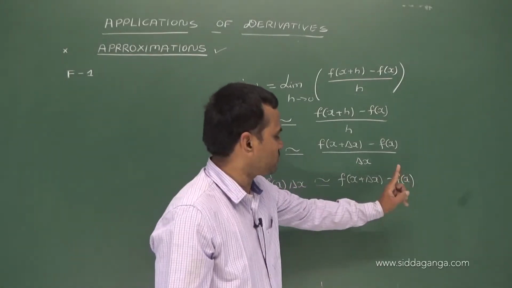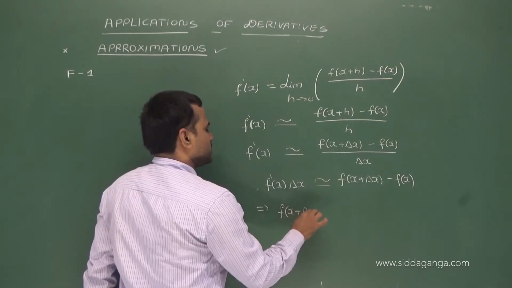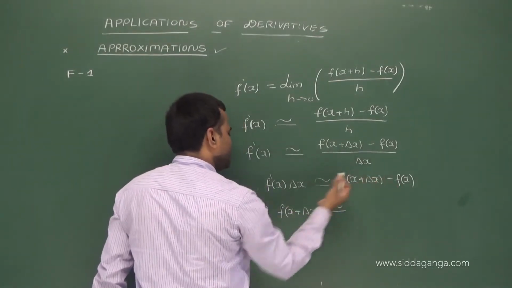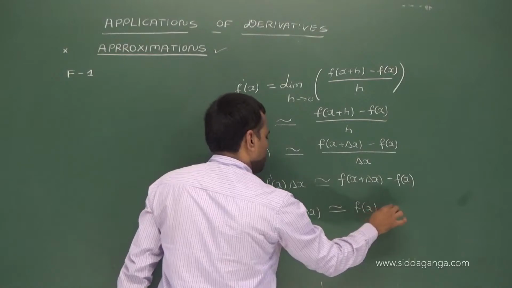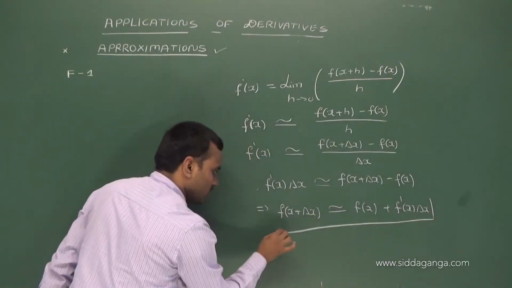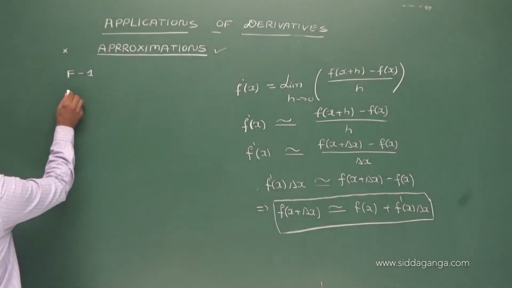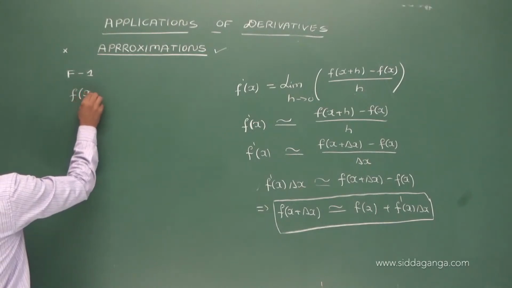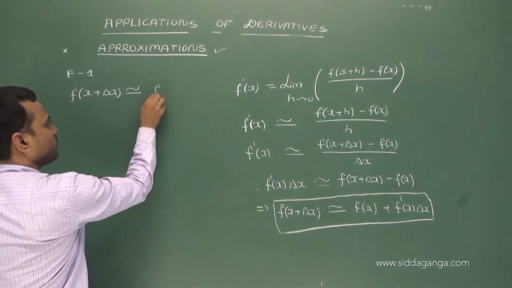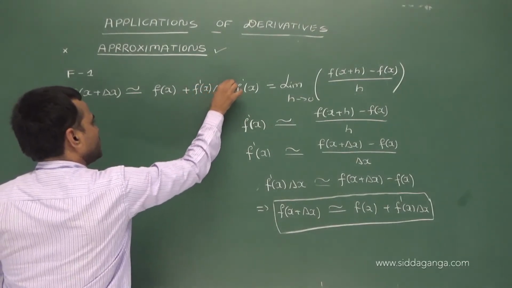Shift minus f of x from the right side to the left side. That implies f of x plus delta x is approximately equal to f of x plus f dash of x into delta x.